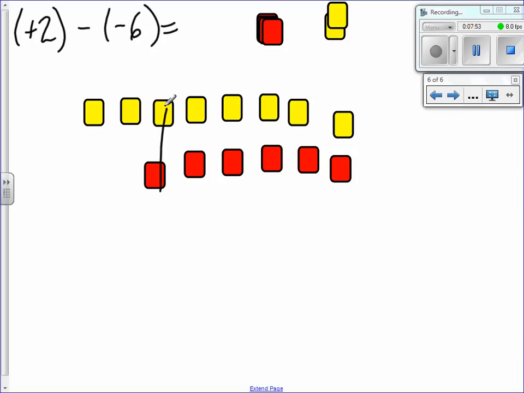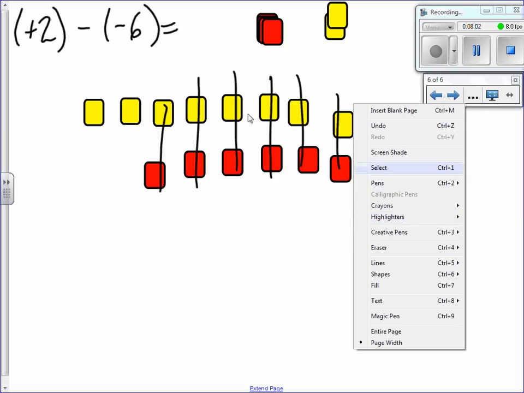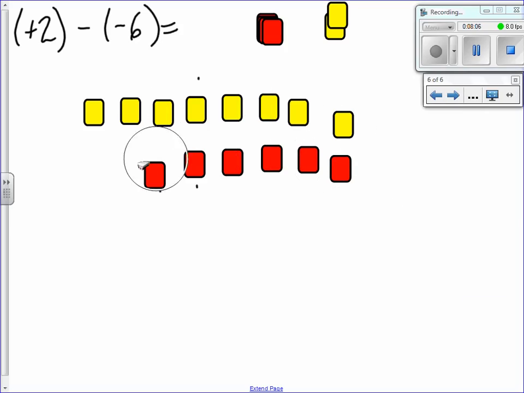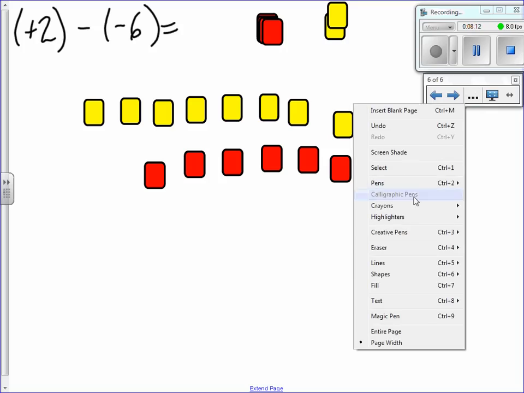Okay. In other words, that cancels this out, that cancels this out, that cancels out that. Okay, but that's not what our final answer is going to be, because now that these are up here, I'm going to take the eraser and take this stuff away so it doesn't confuse you. Now that I've got this up here, here's my problem. I have to take away negative 6. Well, let me take away negative 6.